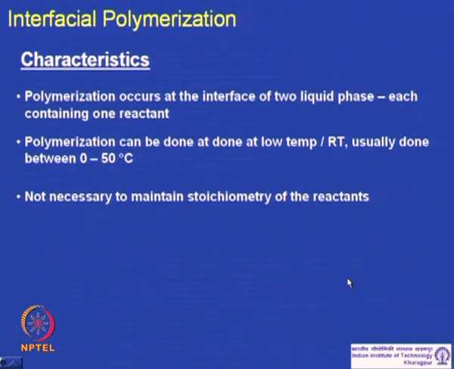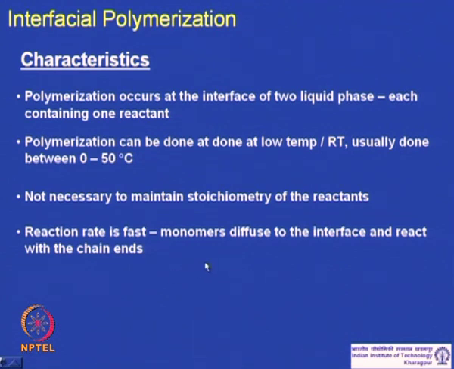The stoichiometry at the interface is always maintained at 1:1, because the reaction is not happening in the bulk phase of the two monomers, it is happening only at the interface. So, you do not need to make an effort to maintain the stoichiometry of the two monomers close to 1:1.